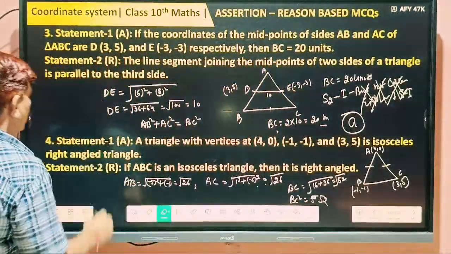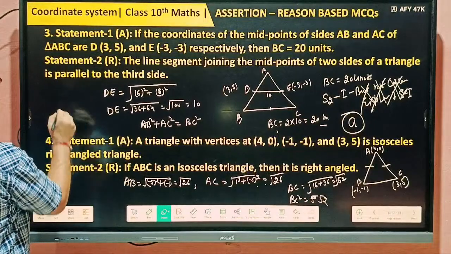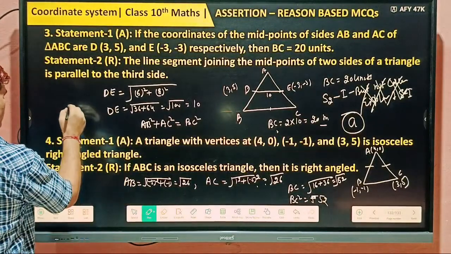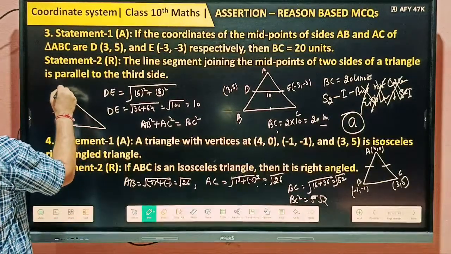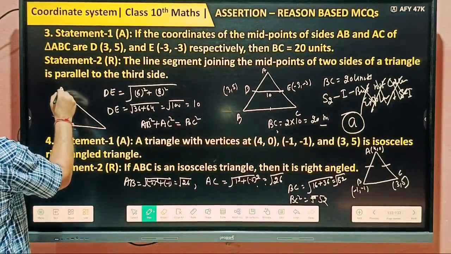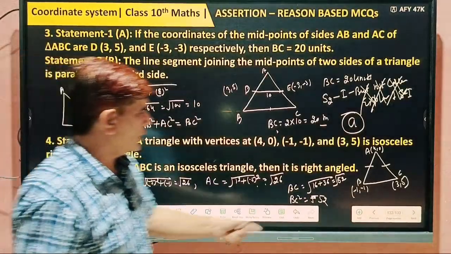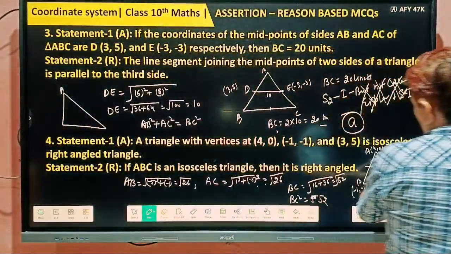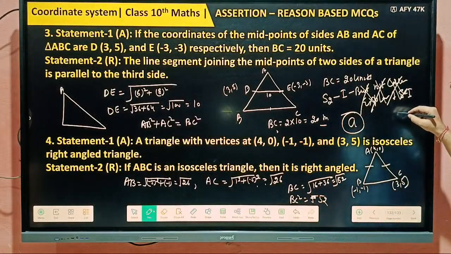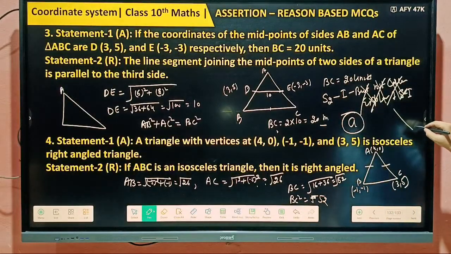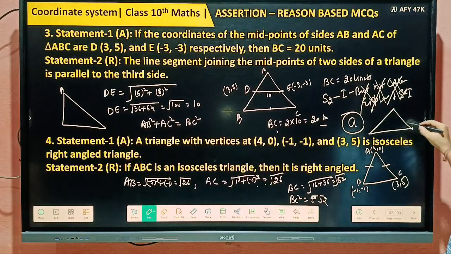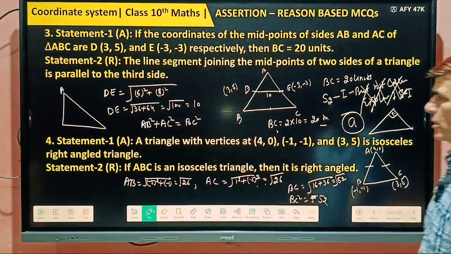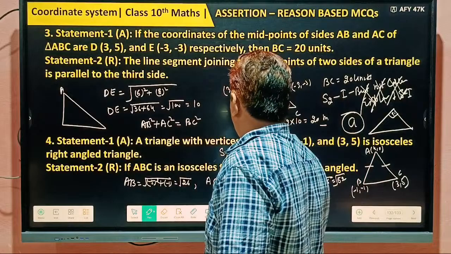This becomes the hypotenuse. So we can say this is AC, this is B, and this is a right angle triangle. This angle is definitely 90 degrees. So 100% we can say statement S1 is right.